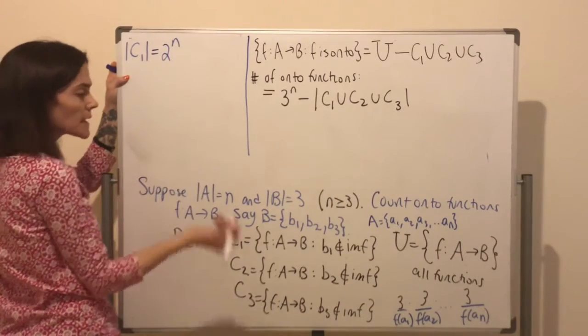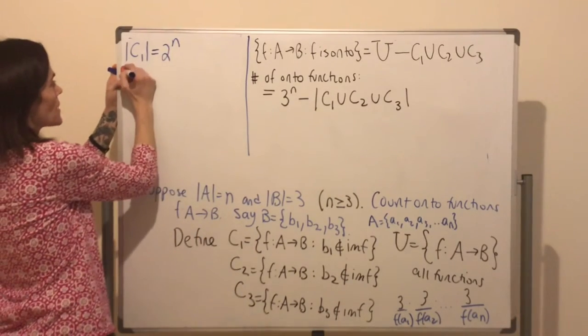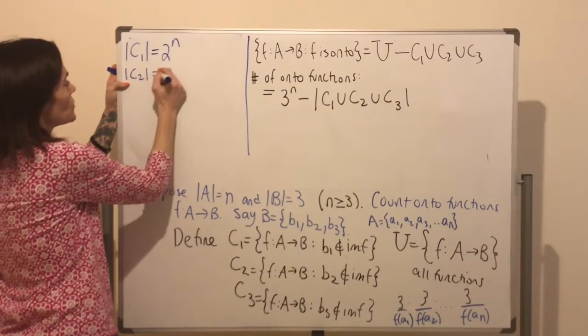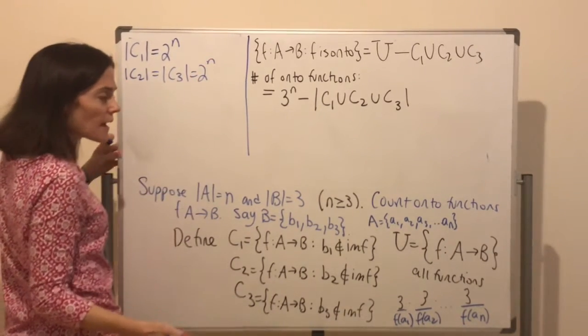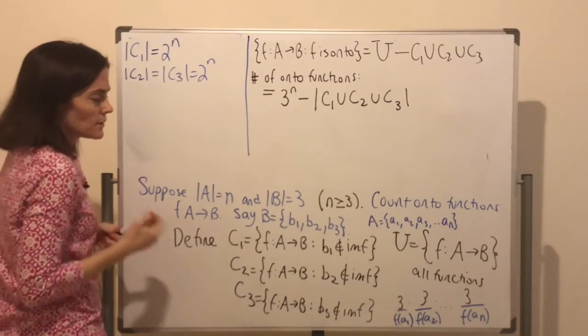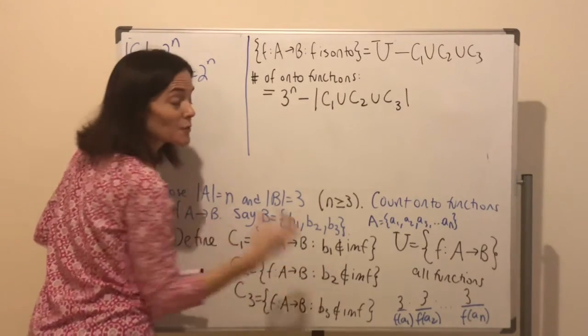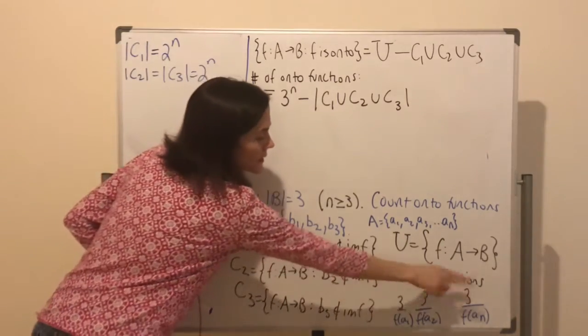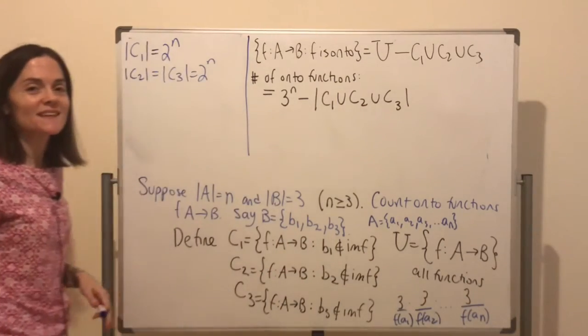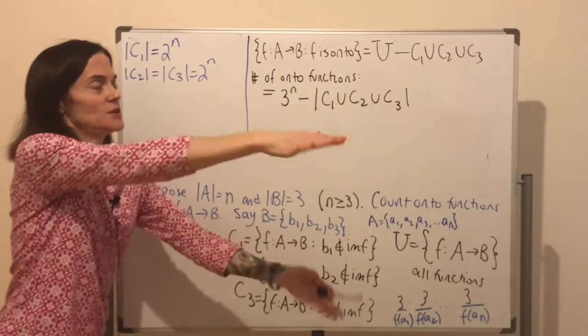And generally, that's true for any of these, right? Same thing for C2, same thing for C3. We get 2 to the n because if, for instance, B3 is not in the image, then you either put B1 or B2 in each one of these. You have 2 options for each value.